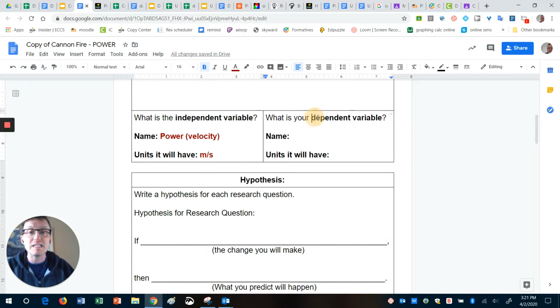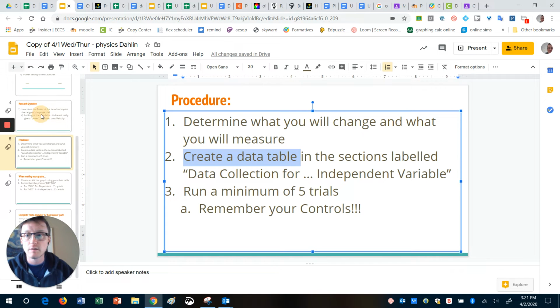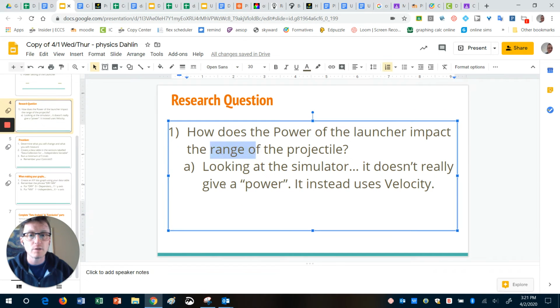And then the dependent variable. Remember, the dependent variable is what you as the experimenter are looking for. When we change the power, when we change the velocity, what happens? The what happens part of that is the dependent variable. So the other thing that we're trying to measure from our research question was the range.